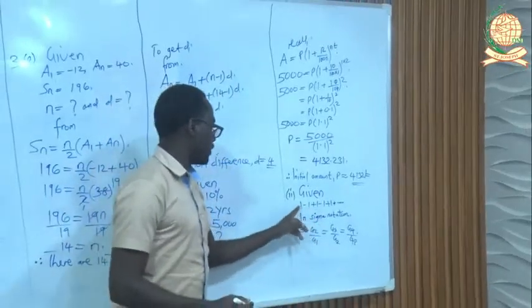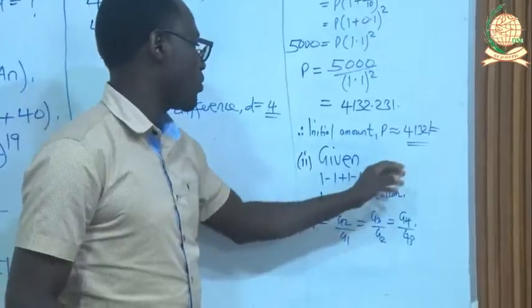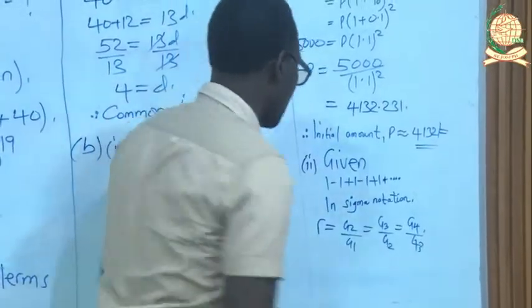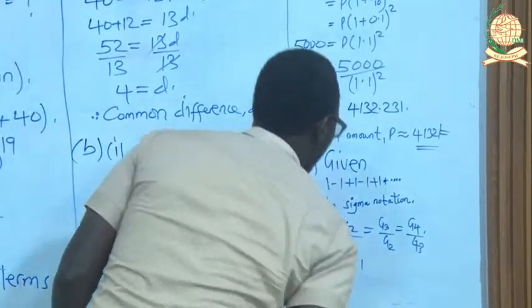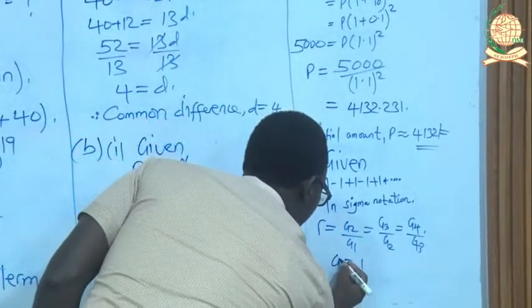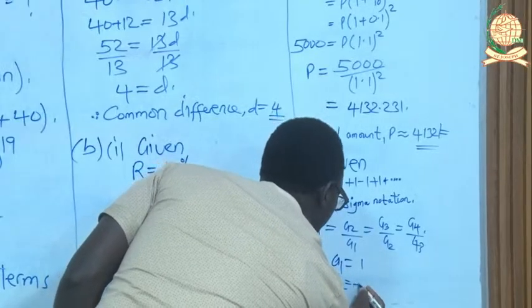Now from the series 1 minus 1 plus 1 minus 1 plus 1, continuing that way, the first term G1 is equal to 1. G2, the second term, is negative 1.